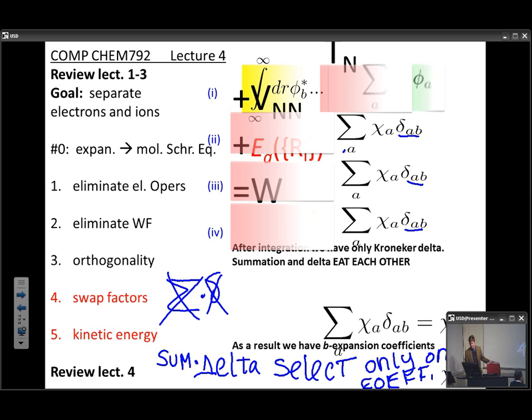So instead of these terms, we will simply have the coefficient. And for the first term, we still have something more complicated.